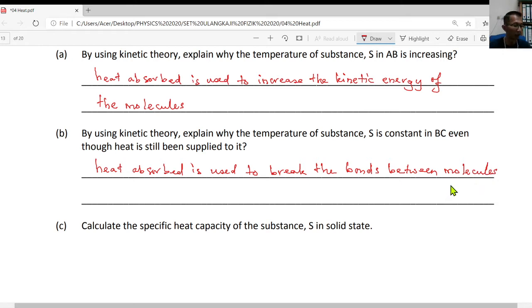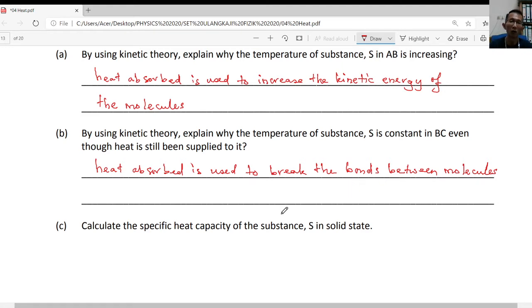So the heat supply here is not to increase the kinetic energy of the molecules, but to break the bonds. Whenever you are breaking the bonds, there must be a change in the state of matter taking place.